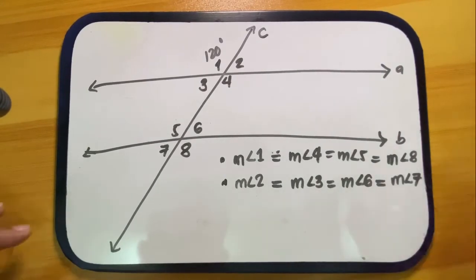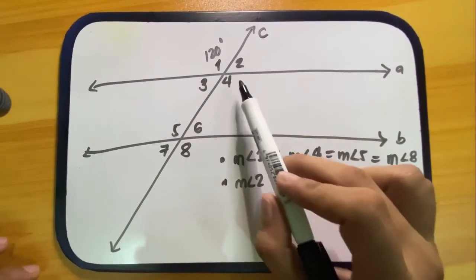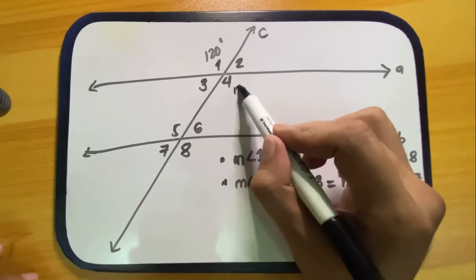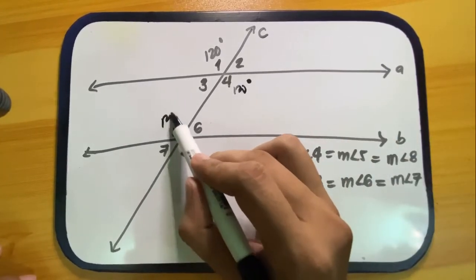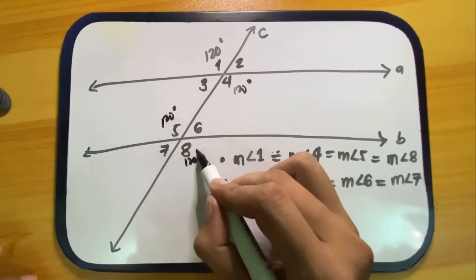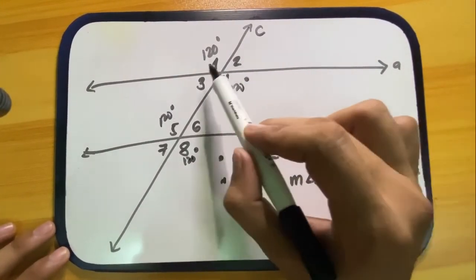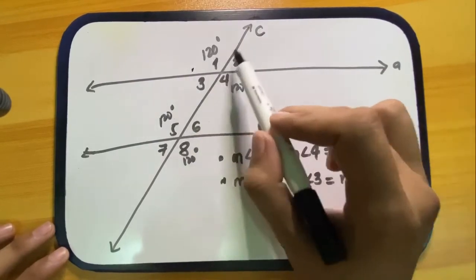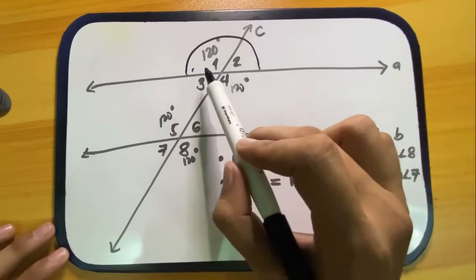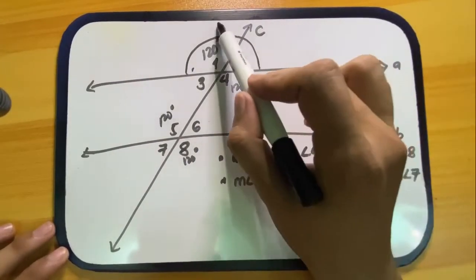So again, if this is 120, angle 4 is 120 also. This one is 120, and this one is 120. And how to get angle 2? Since this is a straight line, we can form 180 degrees, right?